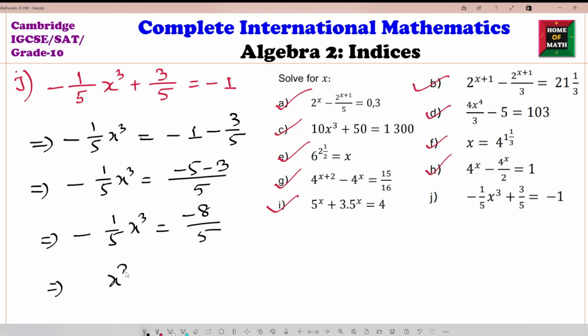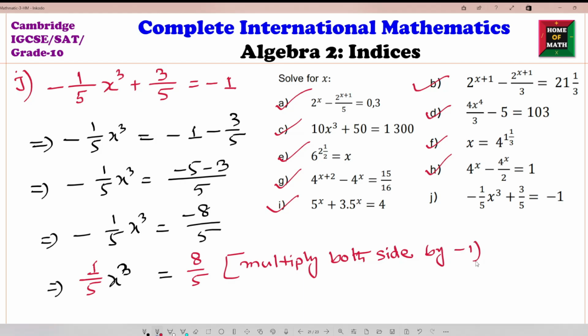So x cube equals, first of all we divide or multiply both sides by minus 1. So it will become 1 by 5 x cube equals 8 divided by 5. We can write: multiply both sides by minus 1. Okay, so the minus is out.